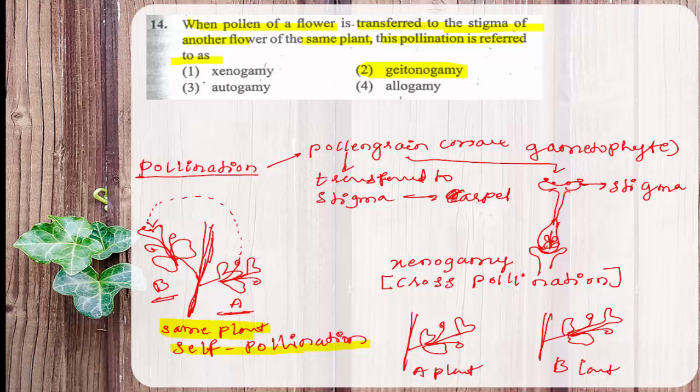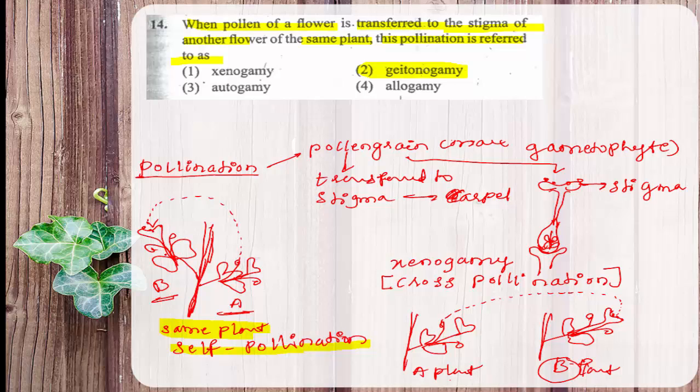But what is happening here? The pollen grains from A plant flower are transferred to the flower which is born on the B plant. That means the two different flowers are born on two different plants.